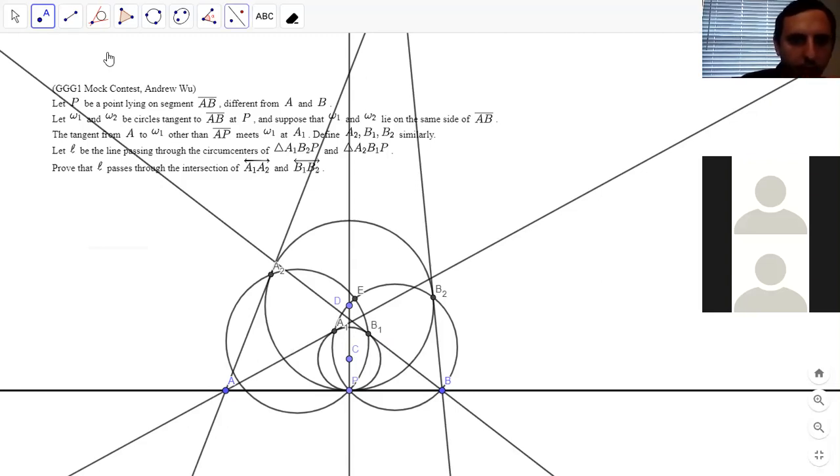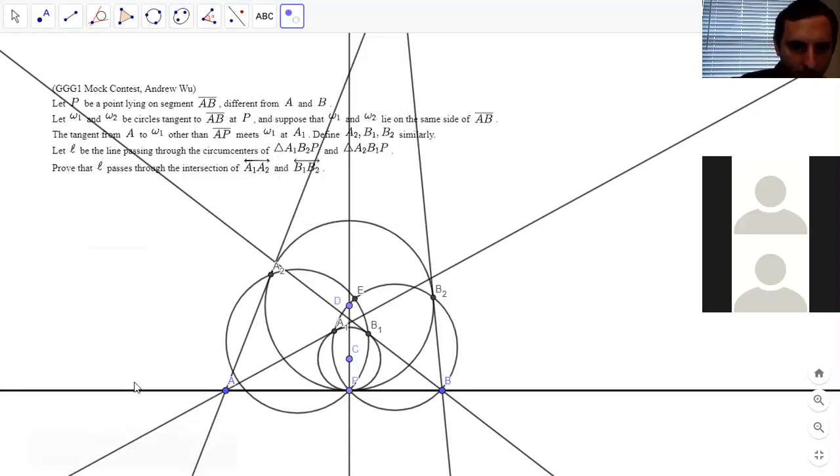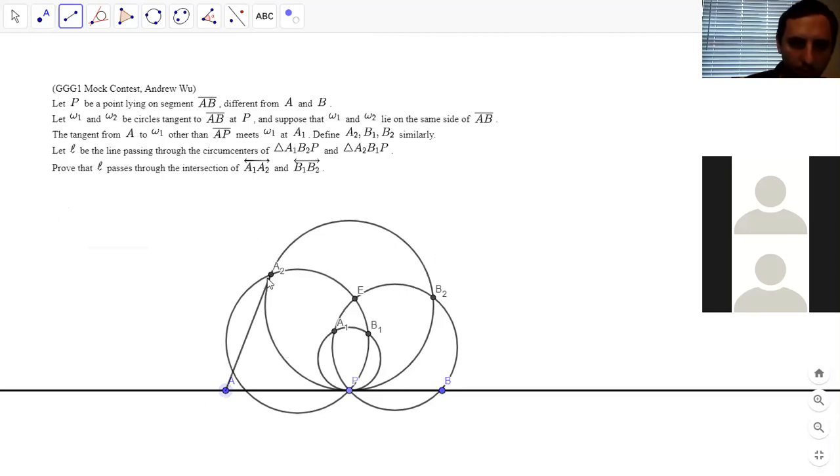All right, so I'm going to hide some stuff. I drew this line right here so many times. I'm not even going to try hiding it because of the tangents. Should I even keep the centers? I'm going to hide the centers of the circles for now, just to make it easier. So we want to show A1A2, B1B2, and PE are concurrent.